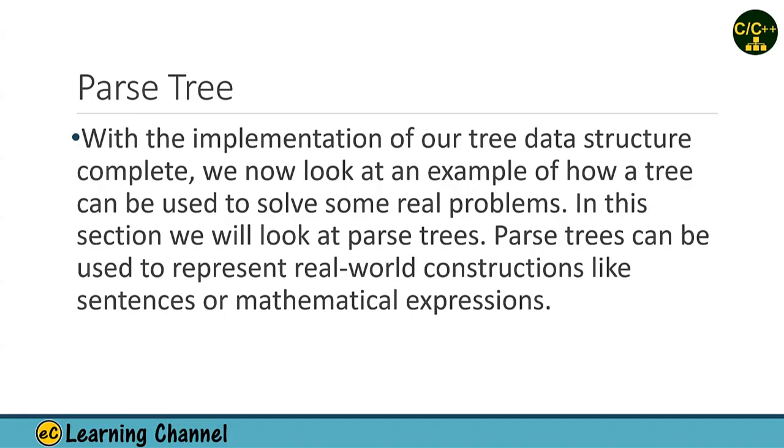So parse tree is actually using the tree structure to do syntax analysis, and then later use it to convert the input language to another language. Okay, that's called a parse tree.